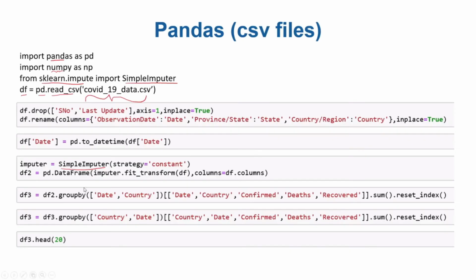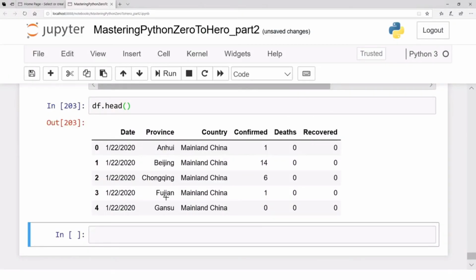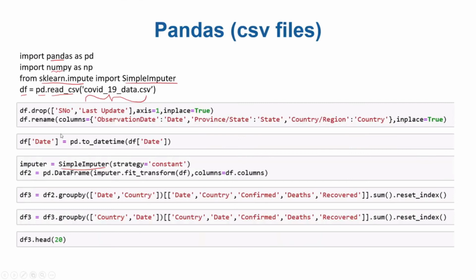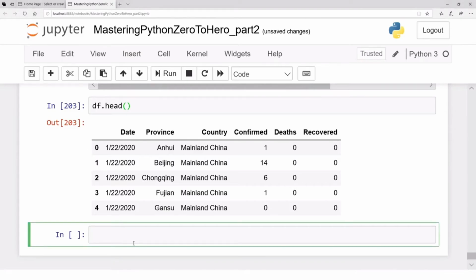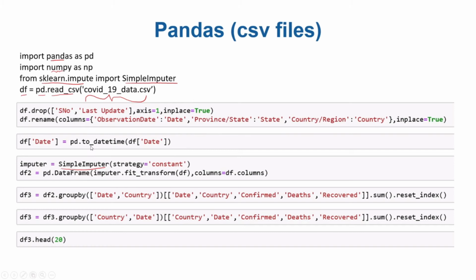Moreover, we may have a lot of missing values. One thing, the date format is not in the Pandas internal date format. So let's convert the date format into the internal Pandas date format using the pd.to_datetime function.